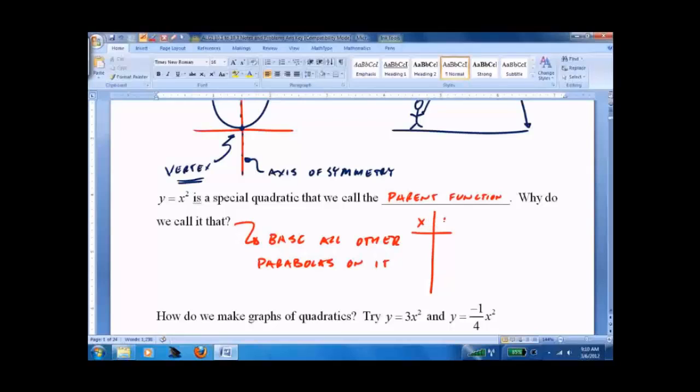Go x, y. And it'll look something like this. And again, it's symmetrical, so what we do on one side, we have to do on the other.